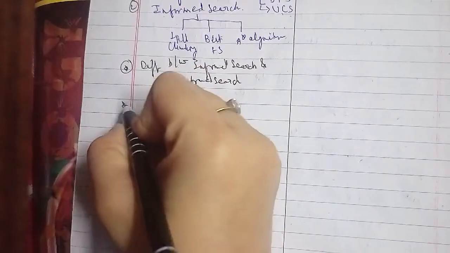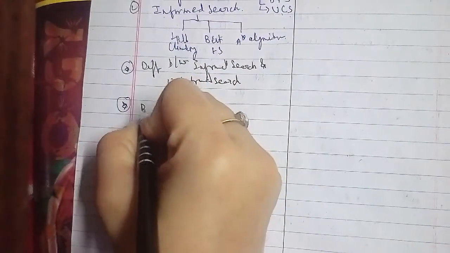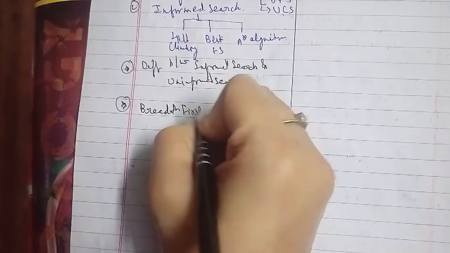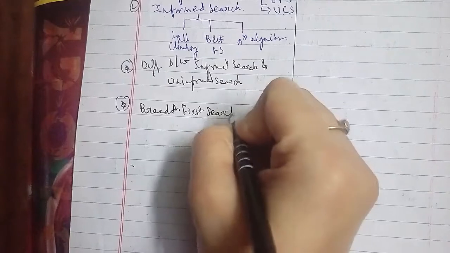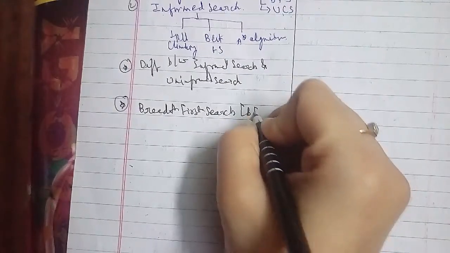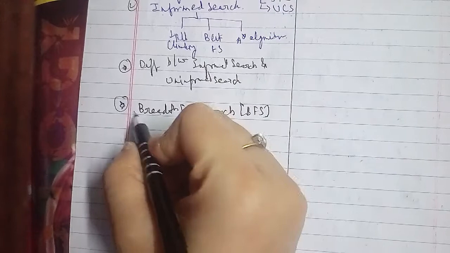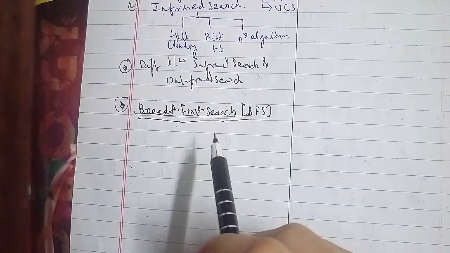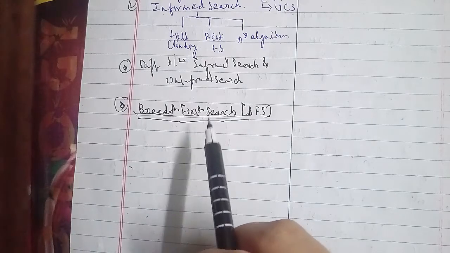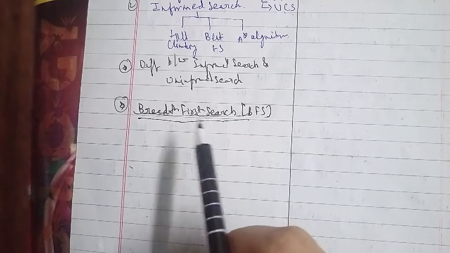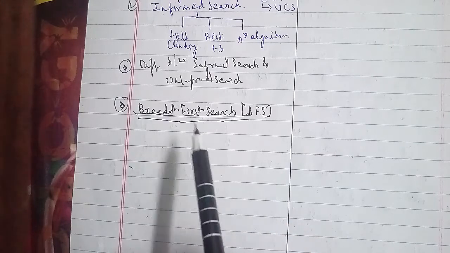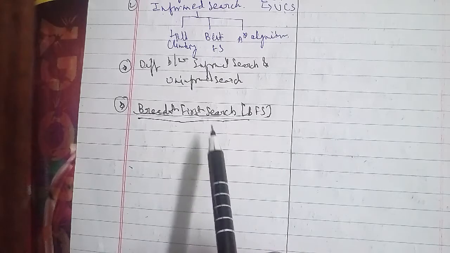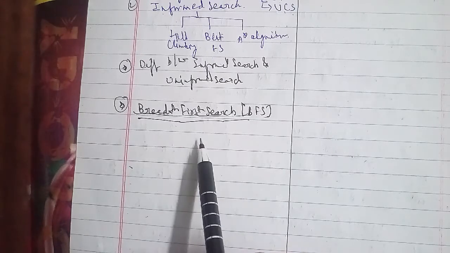It starts at the tree root or some arbitrary node of a graph, sometimes referred to as a search key, and explores all the neighbor nodes at the present depth prior to moving on to the nodes at the next depth level as well. The algorithm creates a variable called node list and sets it to the initial state. Until a goal state is found or the node list is empty, it removes the first element from the node list and calls it E. If the node list was empty, quit.